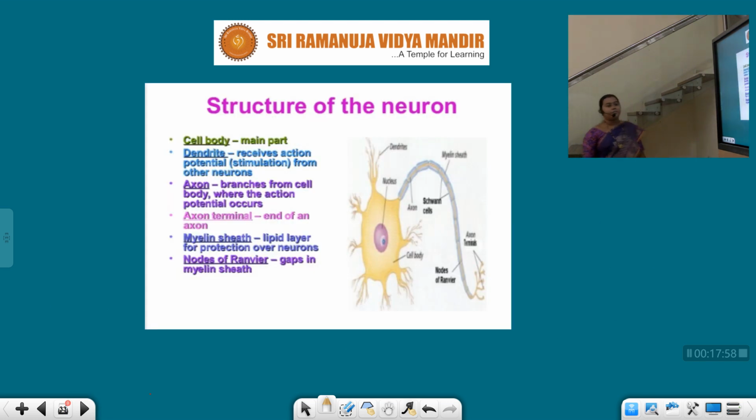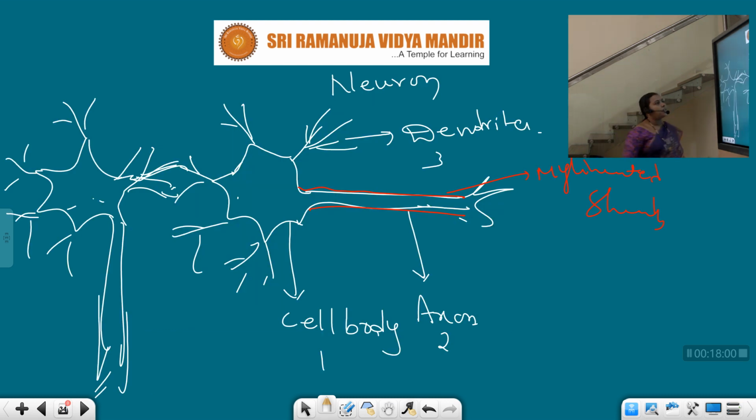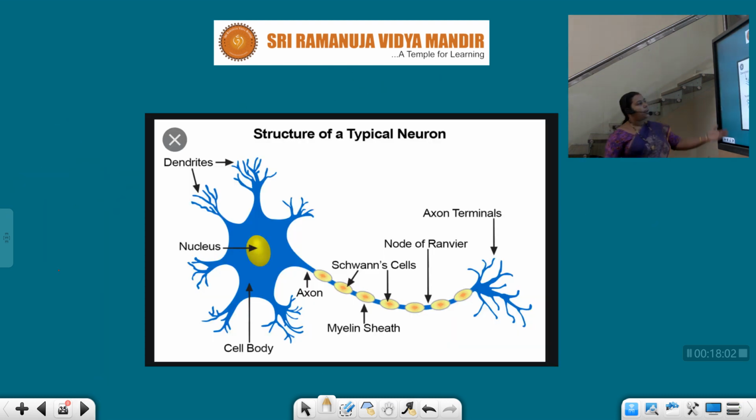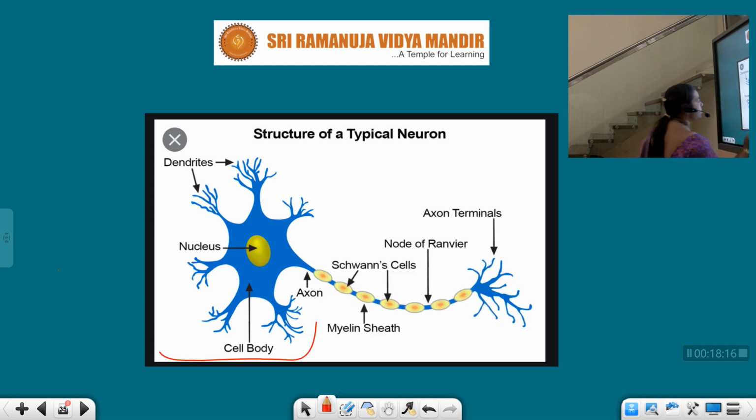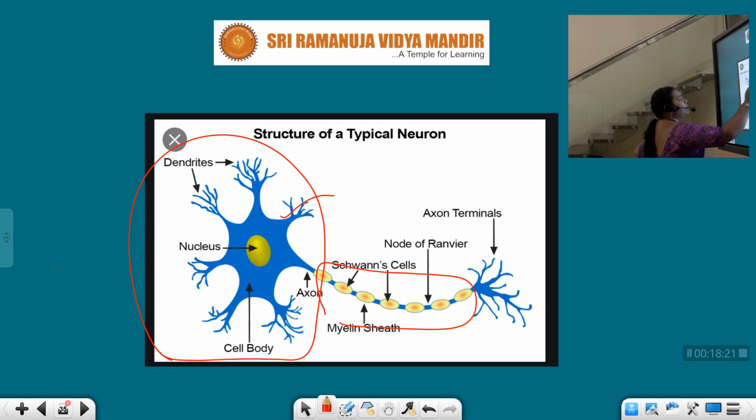Let us see the structure of neuron in the next slide. This is a typical structure of a neuron in our body. This neuron has mainly 3 important parts. What are those, students? This is the first part, second part, and this is the third part.